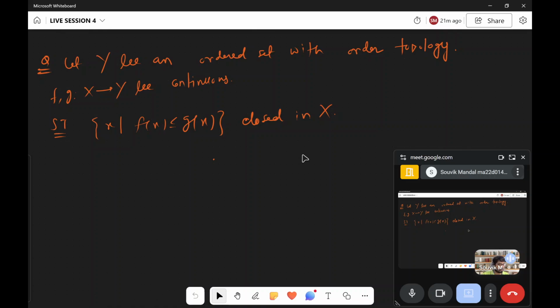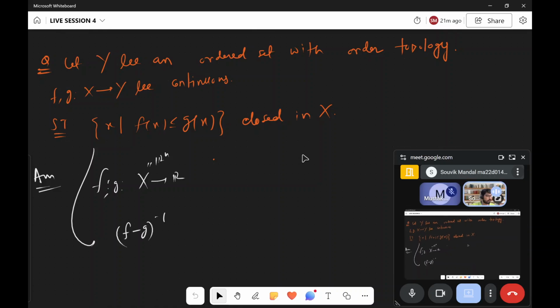See, the intuition for this type of problem is as follows. In the real case, suppose we have two functions f and g from X to, say, R to the power n to R. In that case, this set will be nothing but (f minus g) inverse of minus infinity comma 0 closed. Now the point is that this is a closed set.